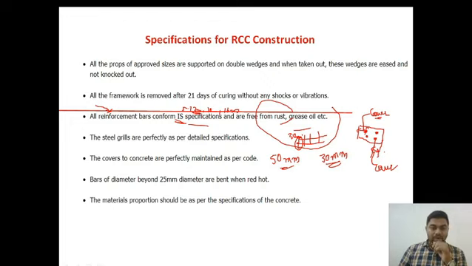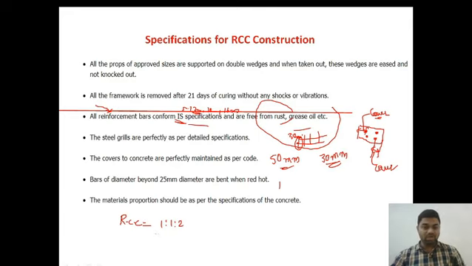The material proportion should be as per the specification of the concrete. That is, how much cement we use. Suppose the RCC mix design is 1:1:2.